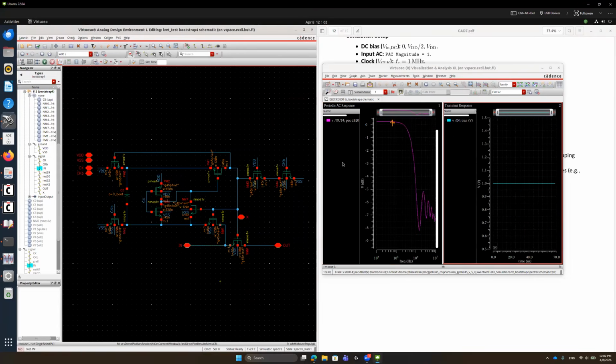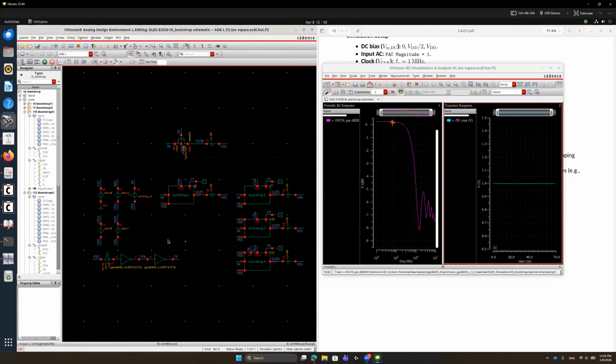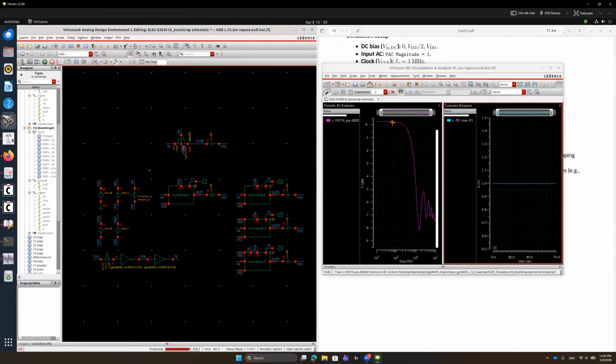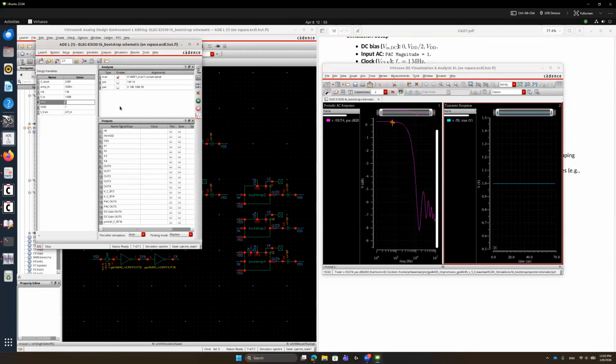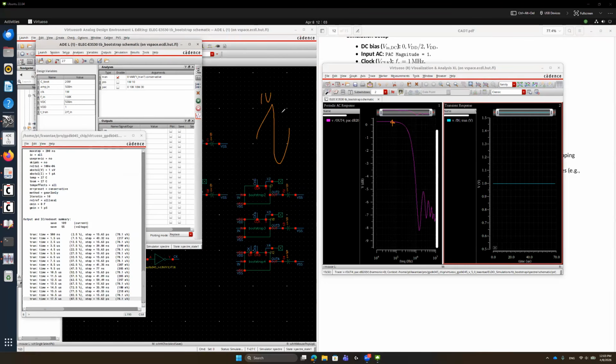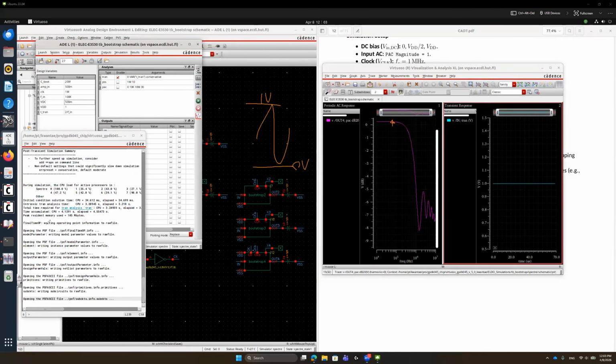So this is input voltage, and oh no, we are not adding the AC signal. Put in, and let's see, this one is back to 0.5 volt, such that the input voltage swing is this. This is 1 volt, this is 0 volt.